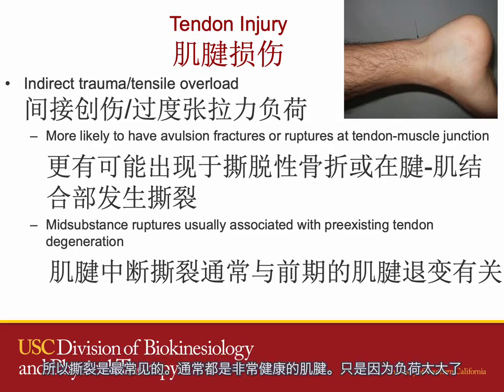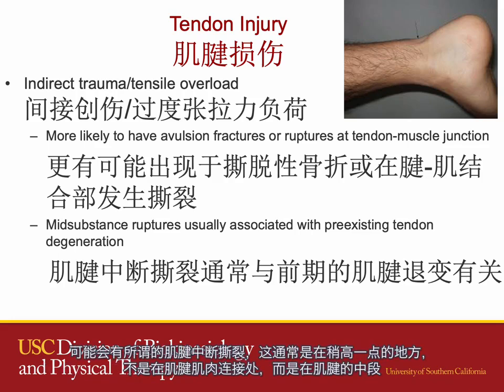So if you're going to have that type of rupture, which is the most common, it's usually a pretty healthy tendon that just, again, the load was too strong. But you could also have what's called a mid-substance rupture.